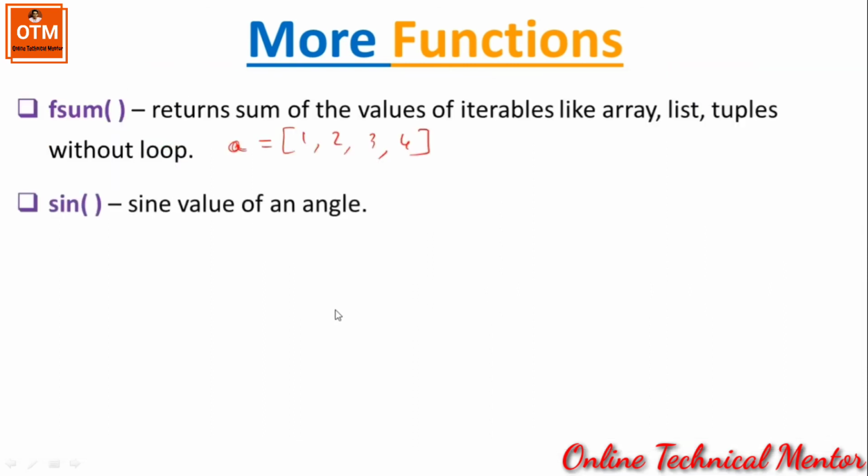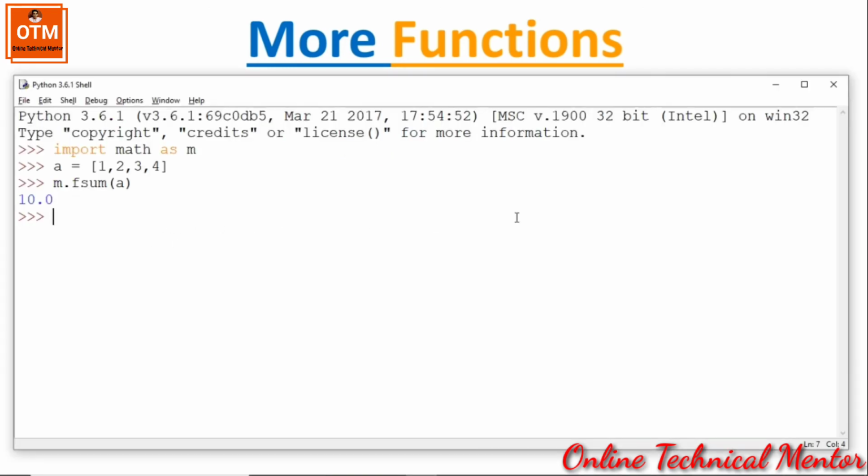Next, sine. This sine function will calculate the sine value of an angle. Now if I write m.sin, say 90 degrees, it is giving something like 0.893. Sine always takes the input in radians, not in degrees. So let me show you how you are going to convert this 90 into degrees.